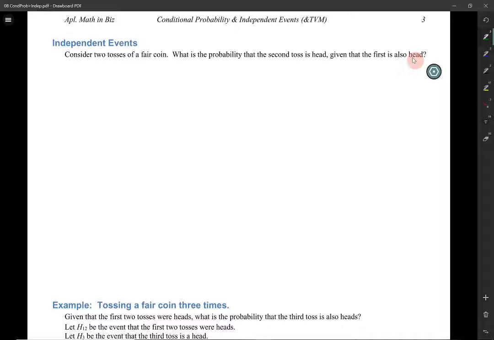So how do we start? What's our framework, or what's the model that we're going to use?